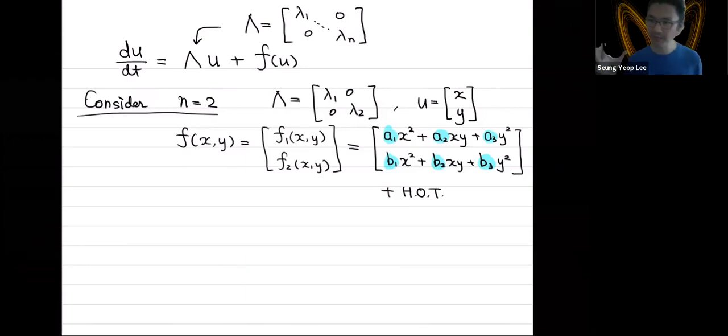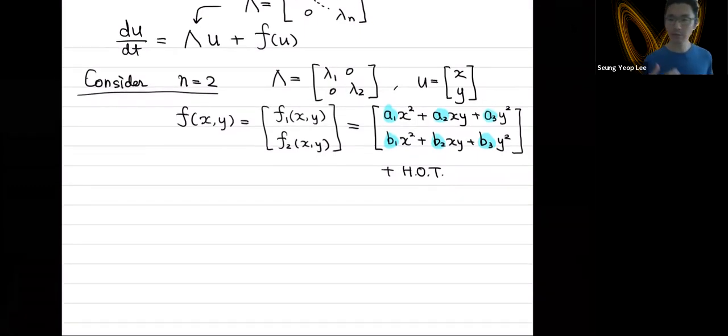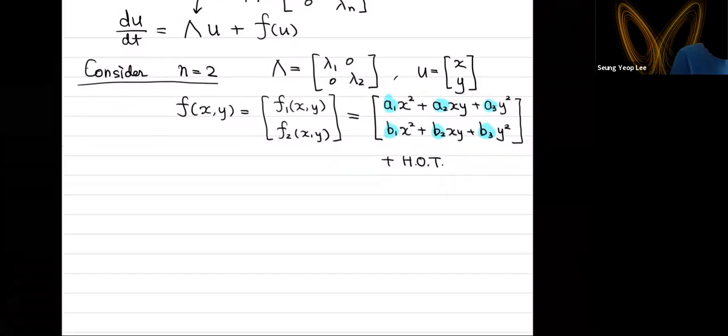We want to classify the qualitatively different ways in the space of these six parameters that can result in a qualitatively different dynamical system near the origin.